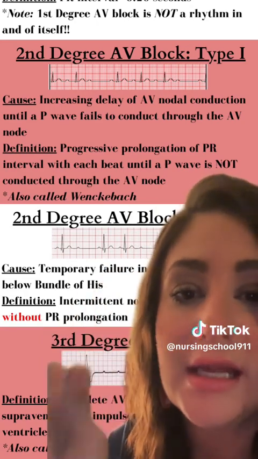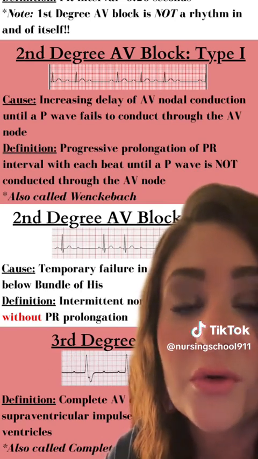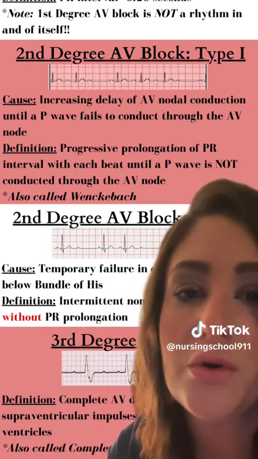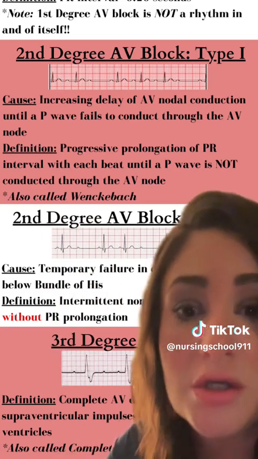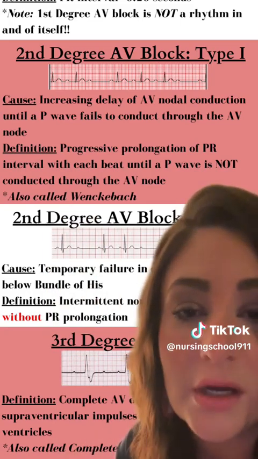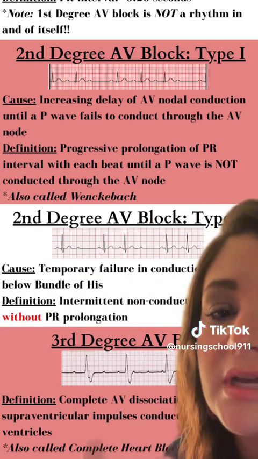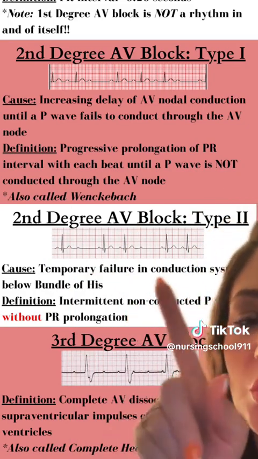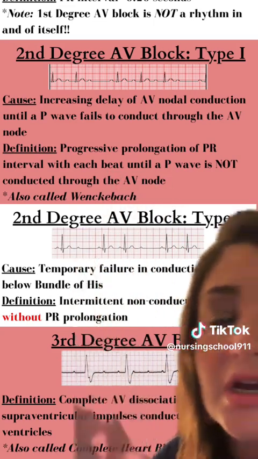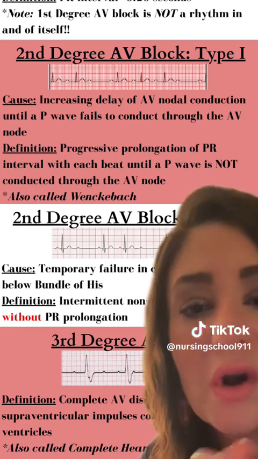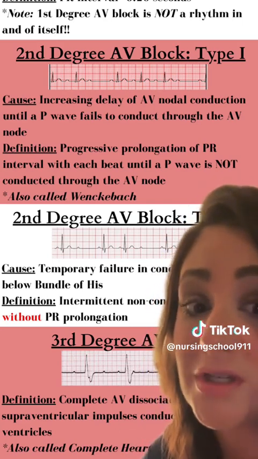The warning is that progressive prolongation of the PR interval before we drop that QRS complex, before the P wave is not conducted through the AV node, okay? So next, as we're moving down, we're getting worse and more critical, okay? With a second degree AV block type 1, we're not going to be doing too much. We're literally not going to be running down the hall for this one.